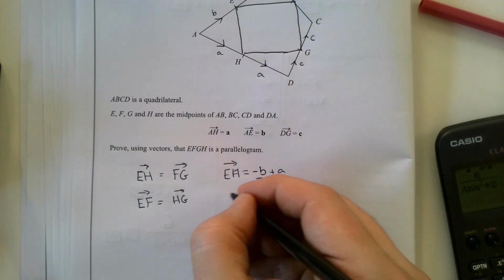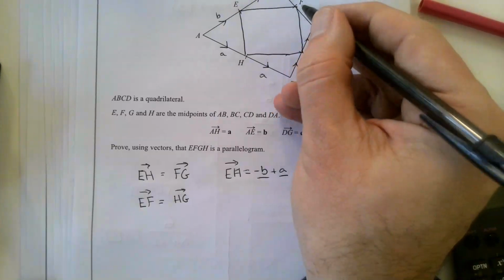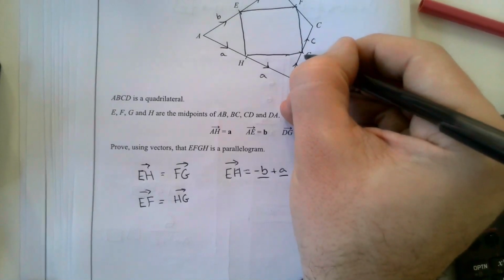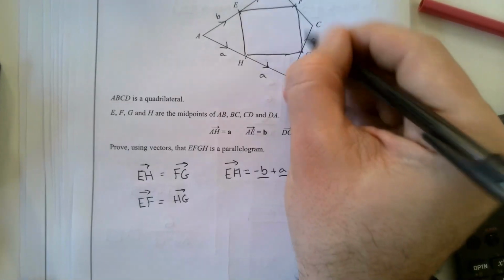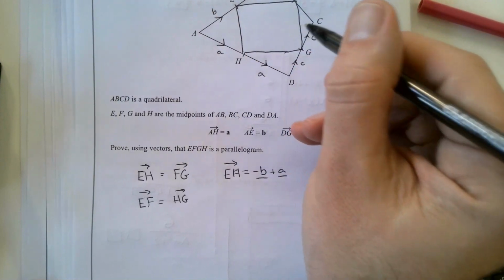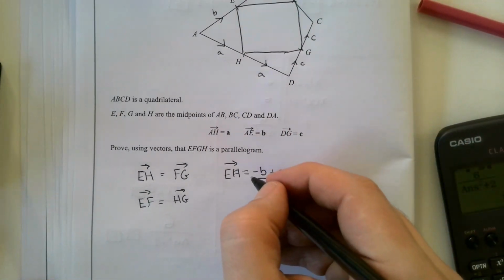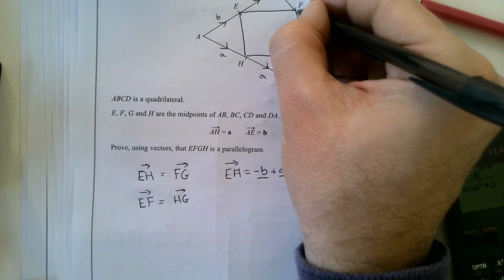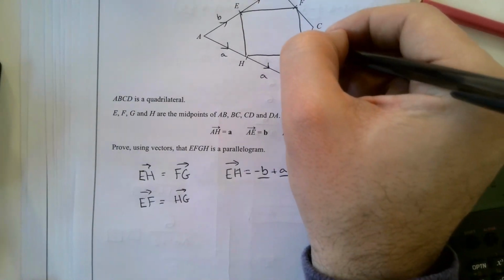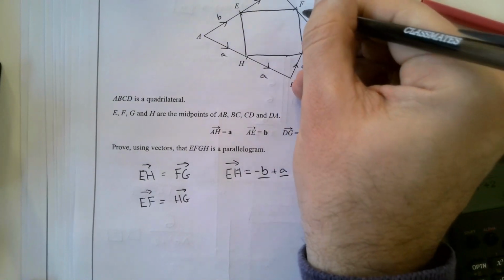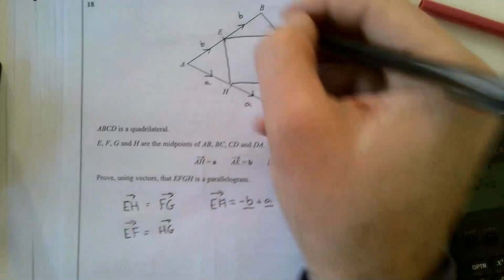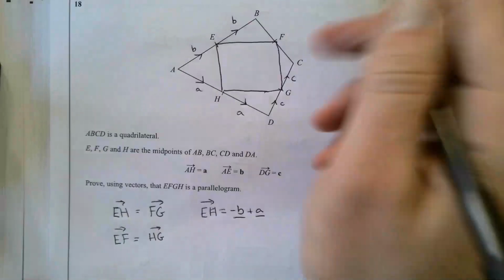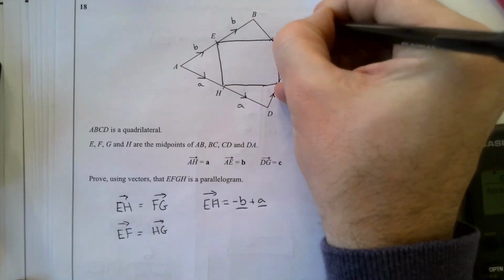So next bit, I'm going to try and work out from F to G. We're going to need to do some thinking first. Let's be a bit more systematic. Sorry, I do apologise, I've started in a bit of a funny way.